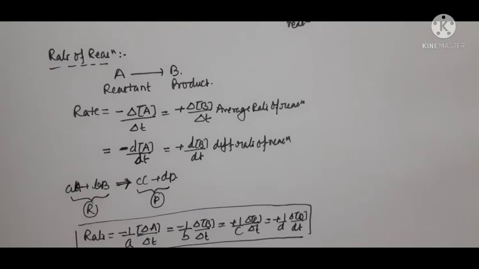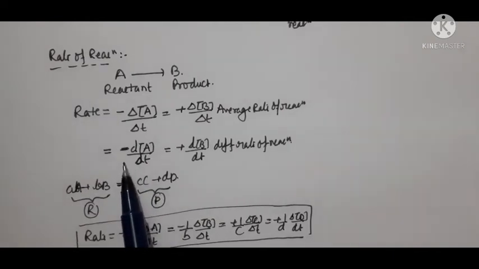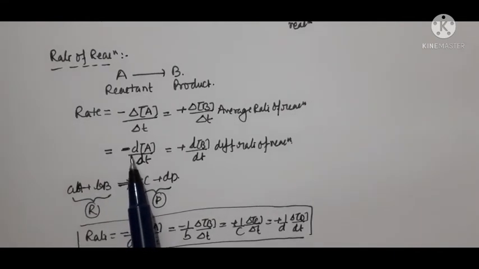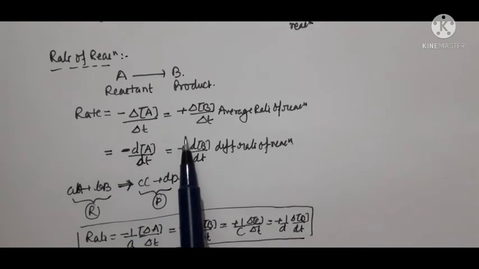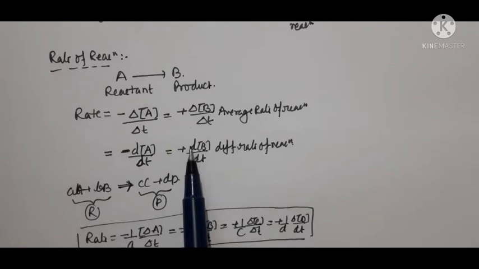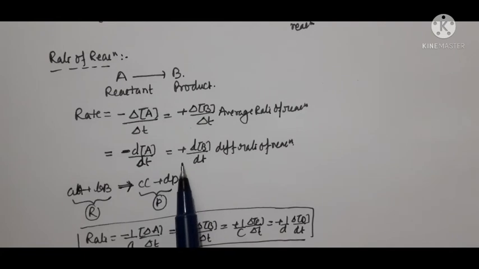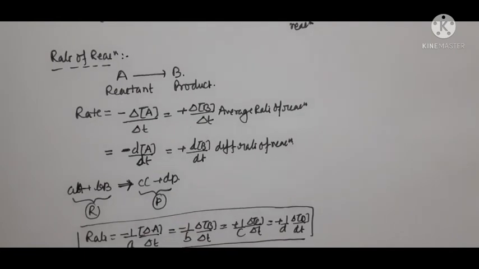So we have understood the meaning of rate of reaction. The negative sign indicates the decrease in the concentration of the reactant, and on the product side there is a positive sign which indicates increase in the concentration of product with respect to small change in time t.